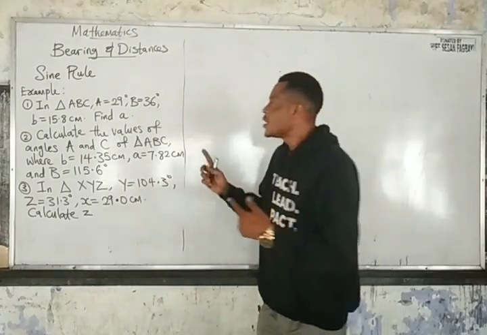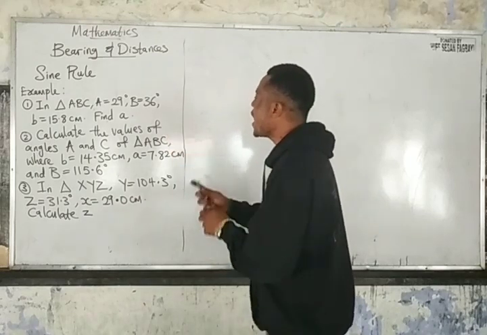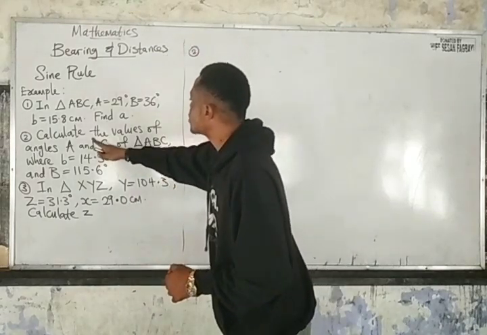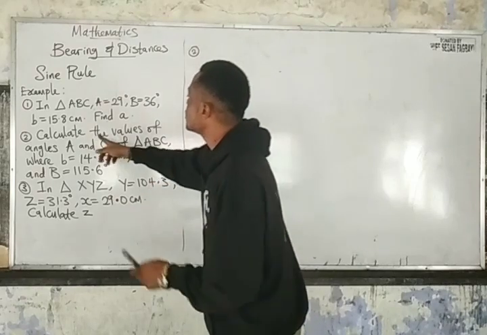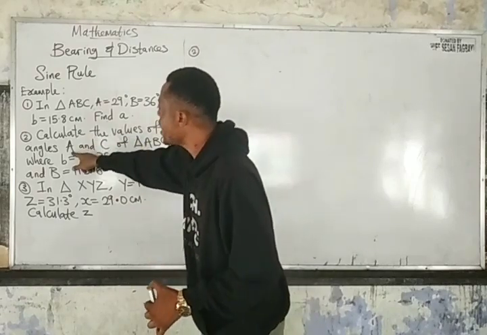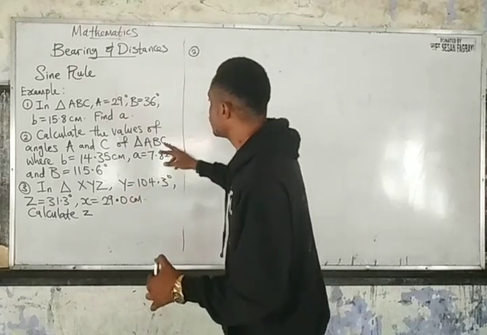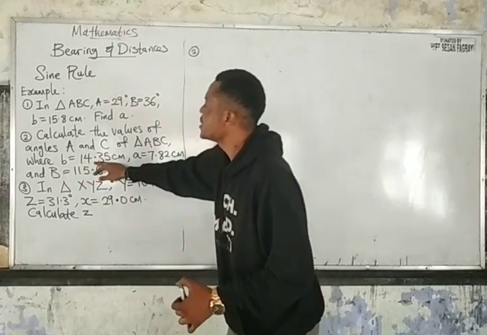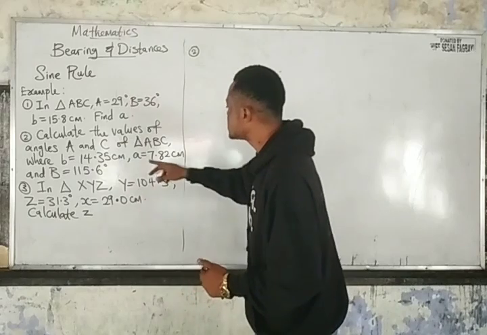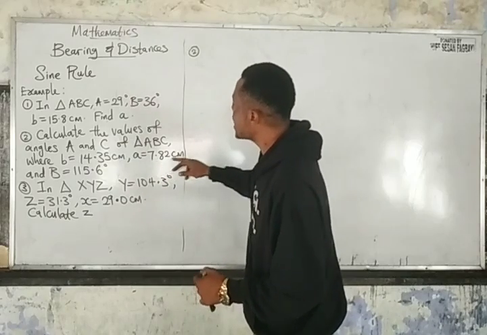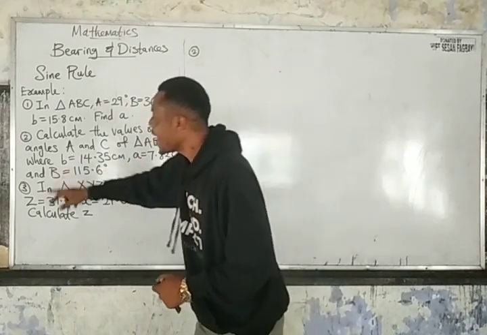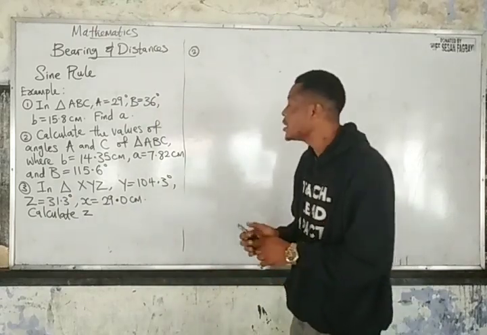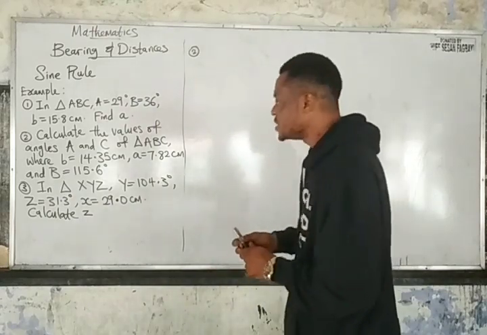Having done that, on to the second one, we have a triangle where we have to find the angle A and C. For this triangle ABC, where the small b is 14.35 centimeters, a is 7.82 centimeters and the angle B is given to be 115.6 degrees.